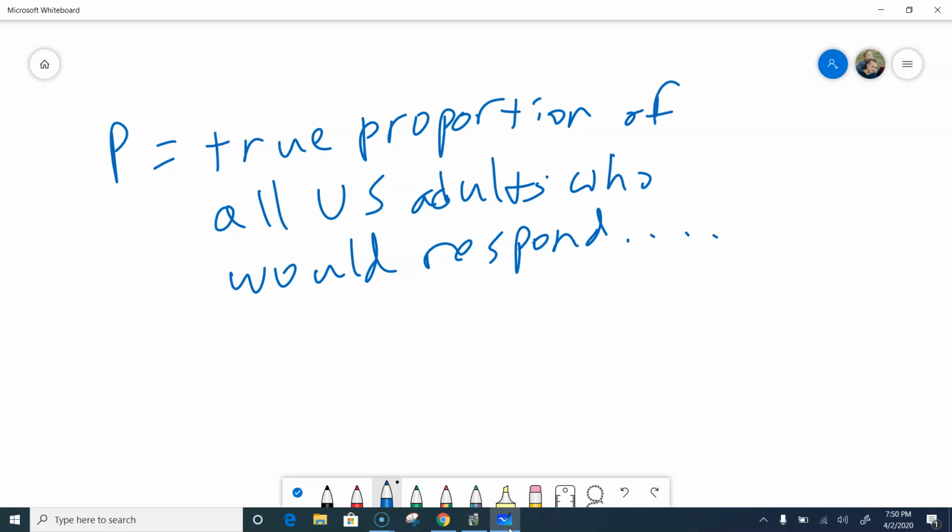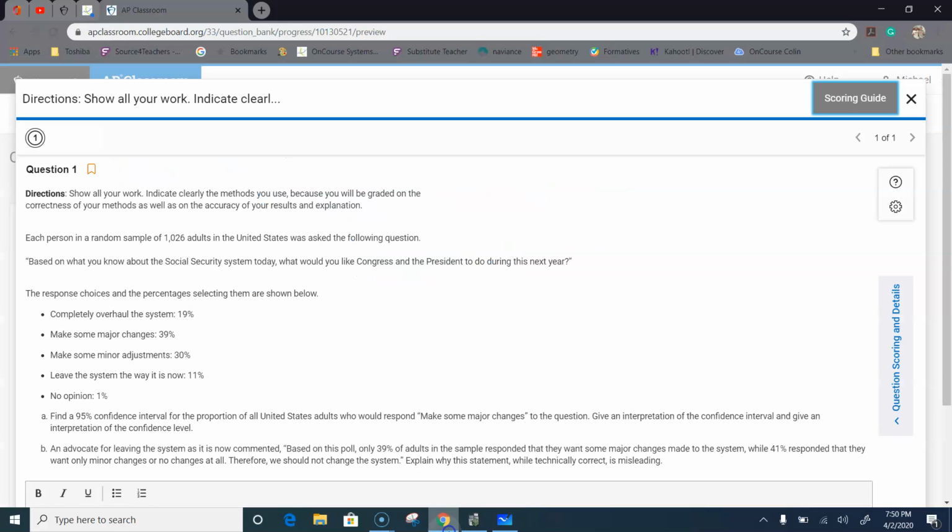Right, and then just copy. You can copy it word for word. It's right there. They give it to you right there. Who would respond, make some major changes. Okay, so that's the very first thing that you're going to do. State that parameter of interest, P. That's what we're attempting to estimate.